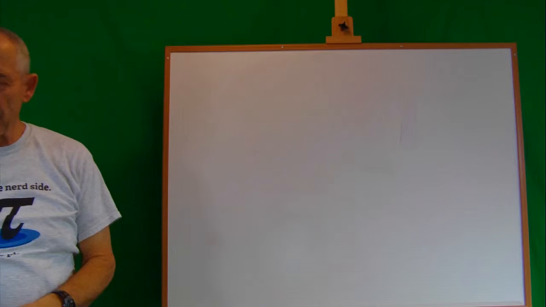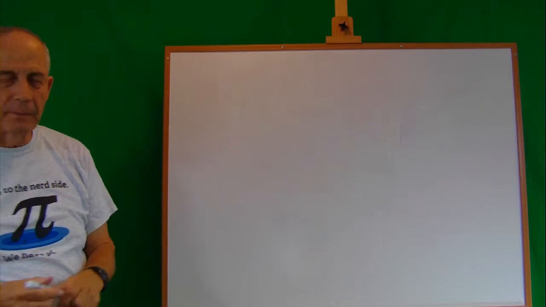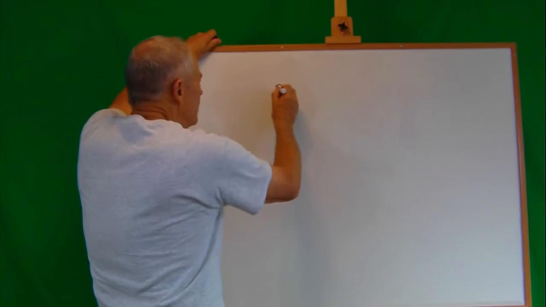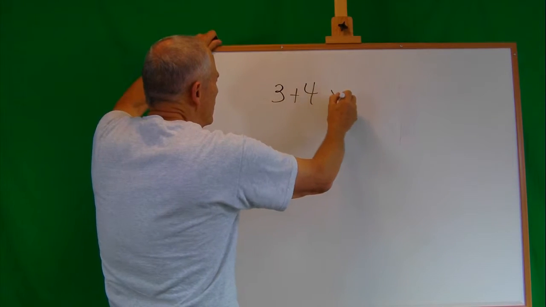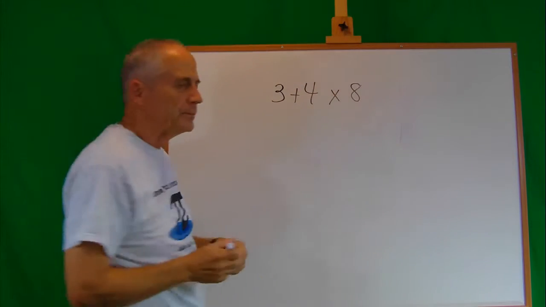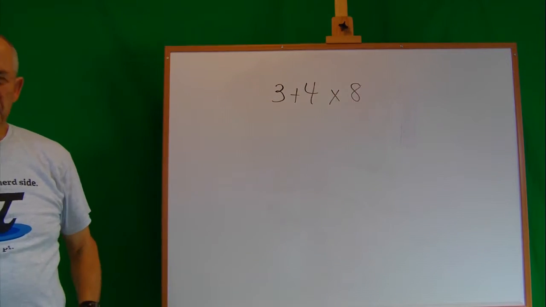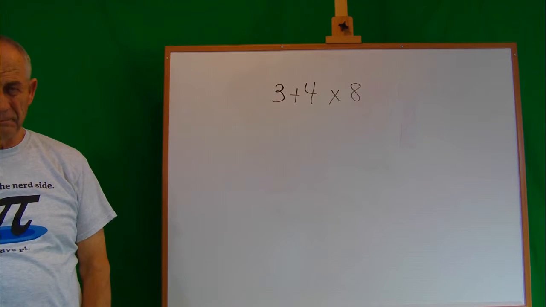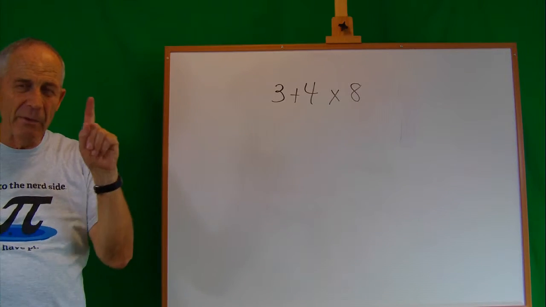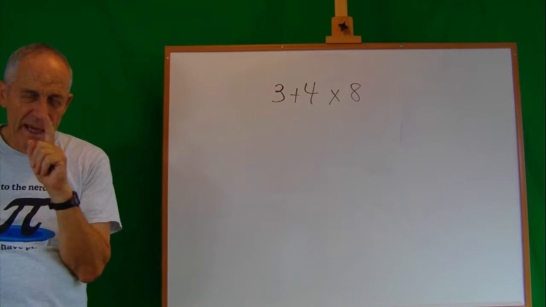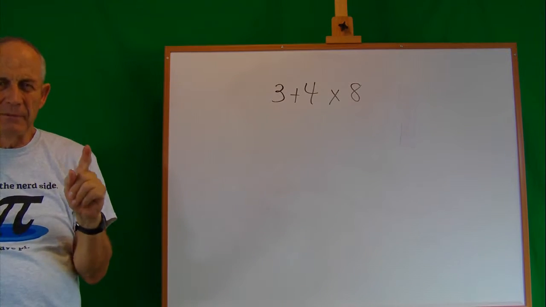I'm going to write a problem down here, and I want you to look at it and tell me what you get. Just look at it for a second and see what you think. Okay, now what I want to ask you, how many of you got 56?